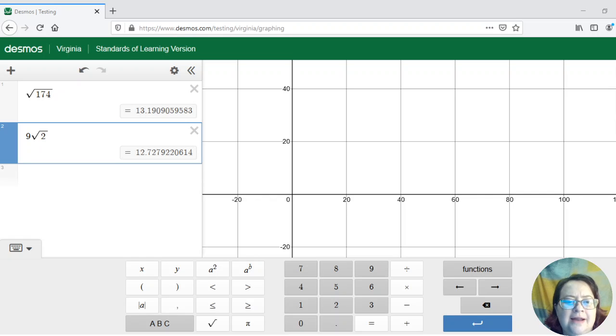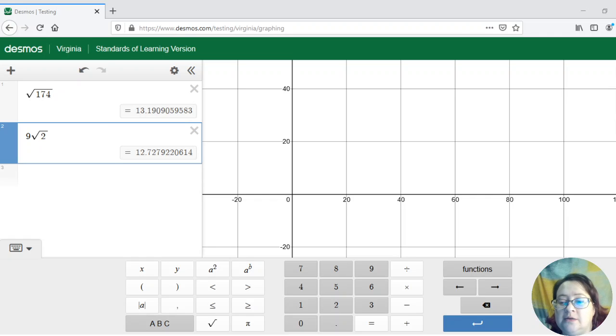But you notice that 9 that comes after that 7, 12.7279, is going to make that round up to 12.728, which is exactly the answer that it showed us on our problem.